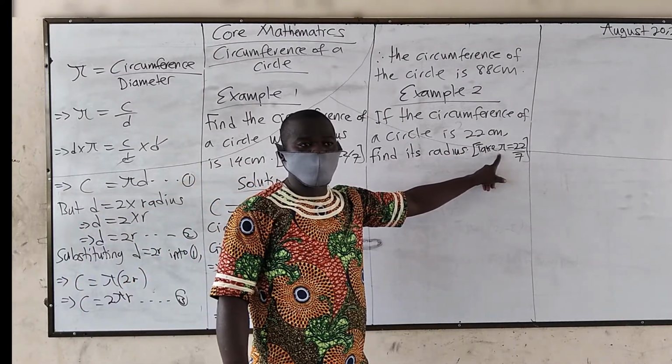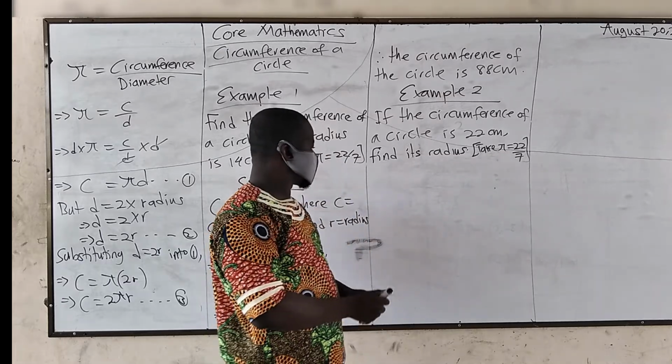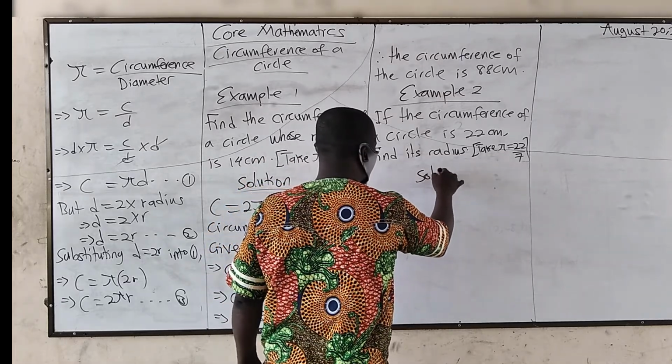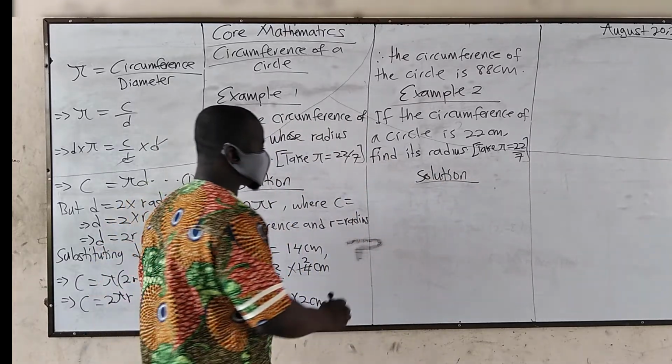Take pi to be equal to 22 over 7. So once again, you put the formula.